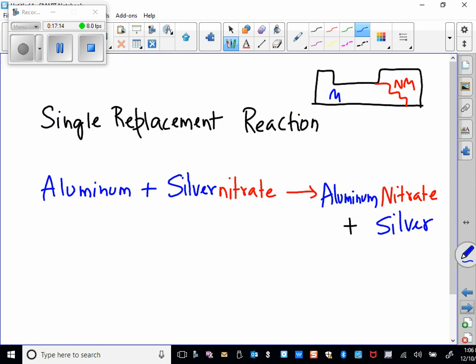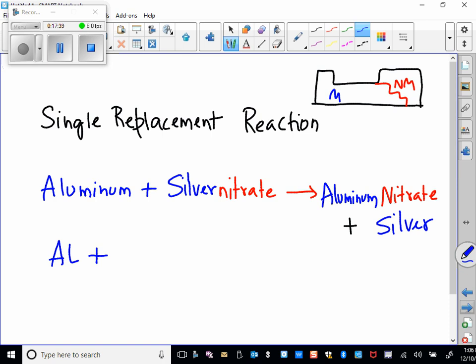Do you understand? You can never ever put two metals together on the product side or two non-metals together. Does that make sense? So how will I write this reaction? Aluminum plus, what is the formula for silver nitrate? What is the charge on silver?